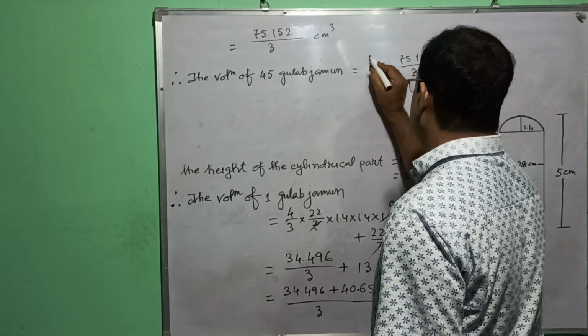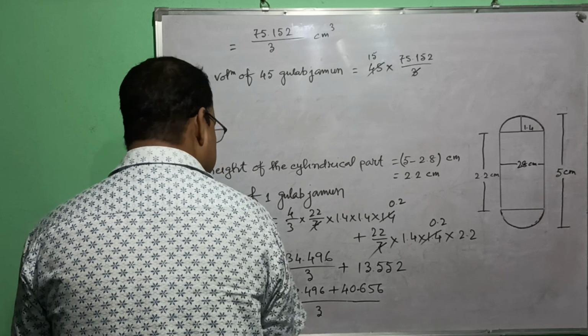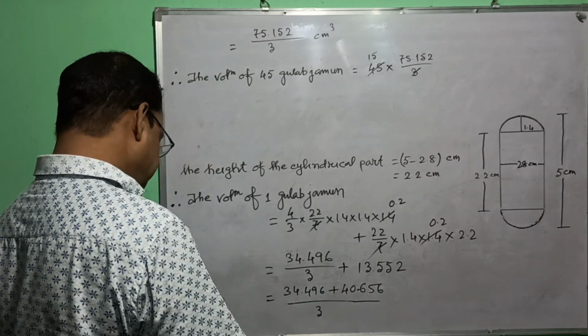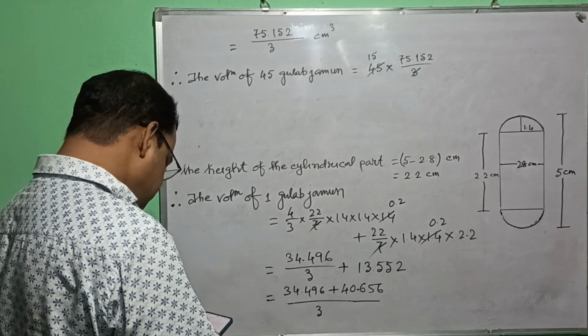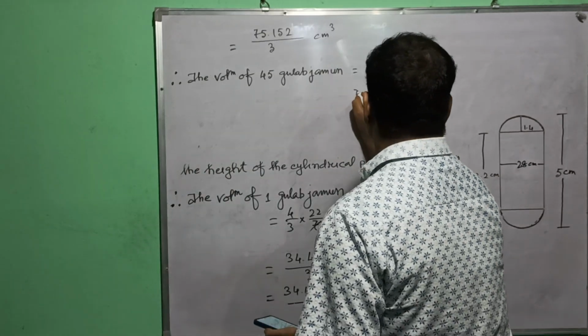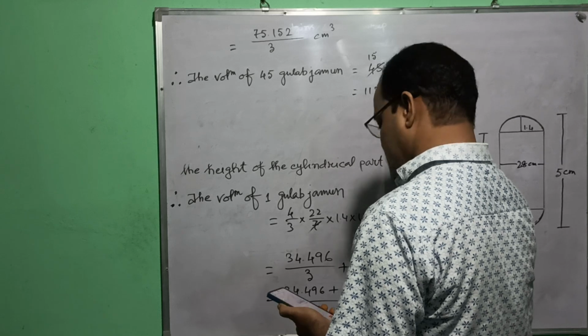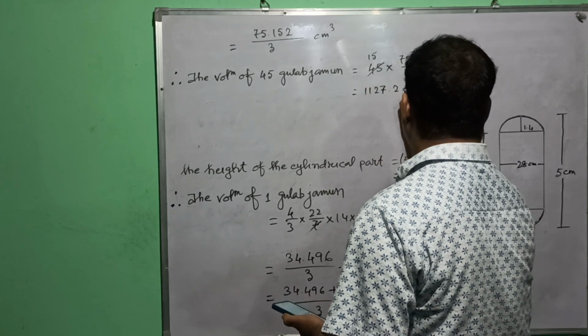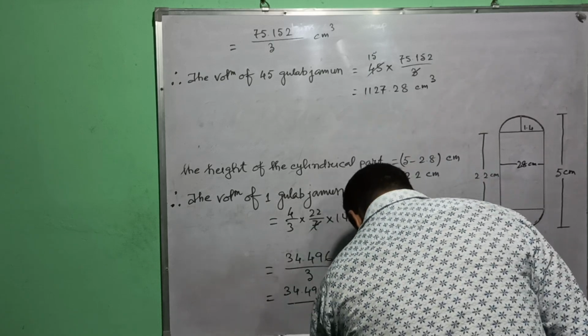So it is divisible, it is 15. So if we multiply it by 15 into 15, it is 1127.28 centimeter cube.